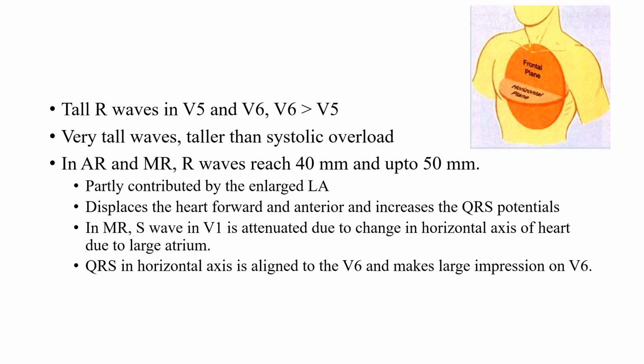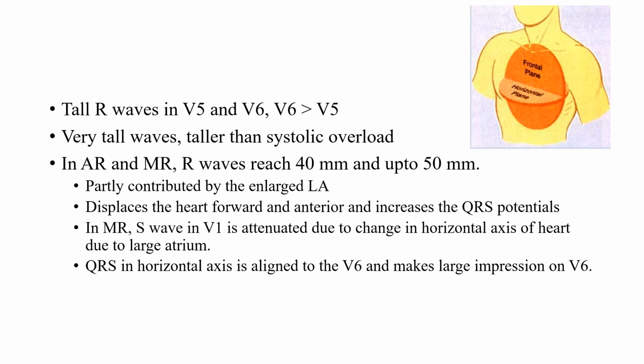So we will get a very tall QRS, even 40 to 50 mm in AR and MR. That much is not reached in a systolic overload condition because of the displaced heart by the large LA.